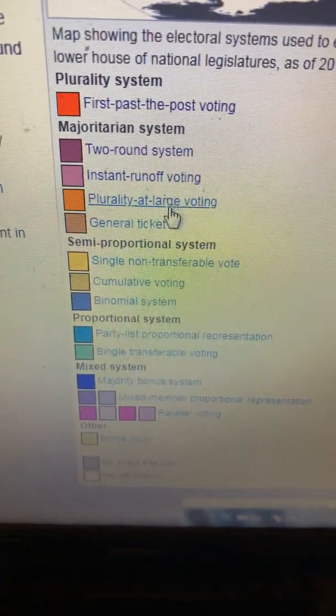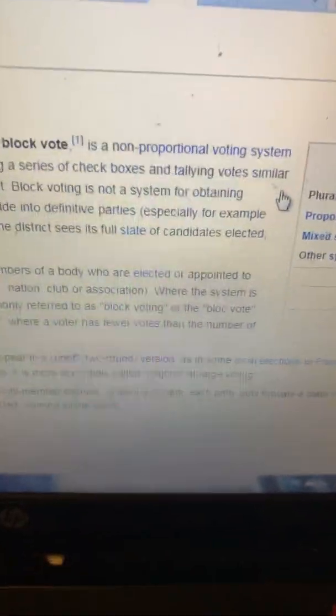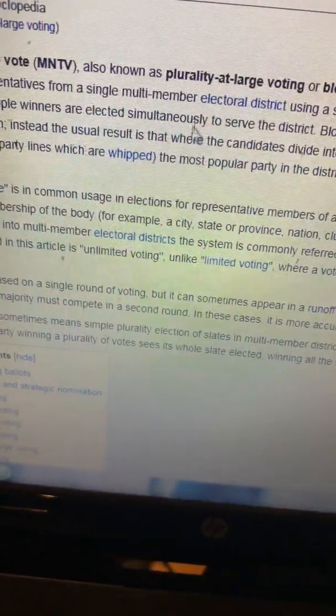Let's take a look at plurality at large. It's also called multiple non-transferable vote.